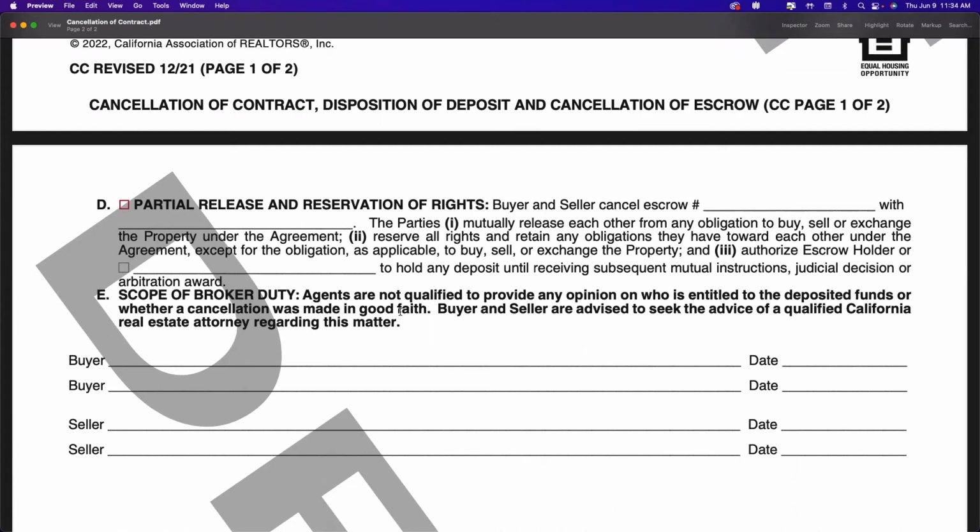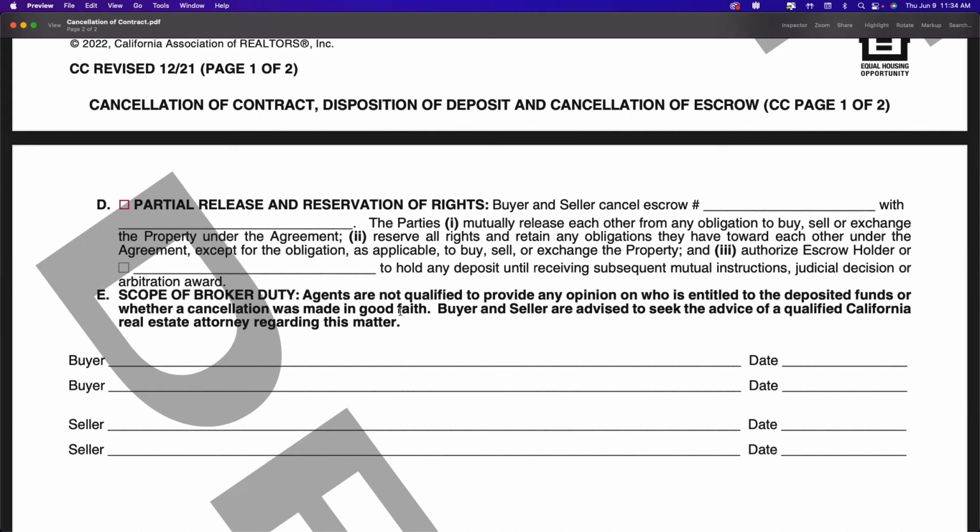So keep in mind, and that's what this is referencing, that I'm not an attorney. All I can do is give you an opinion about what your rights are based on this contract. But once we get out there into court, into mediation, into arbitration, things could change because people have different opinions.